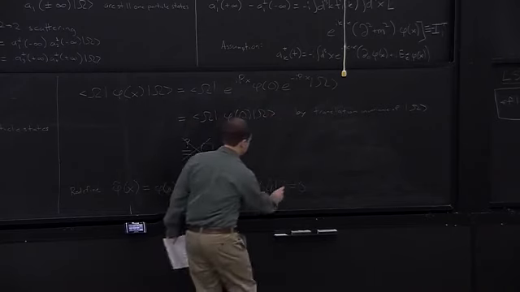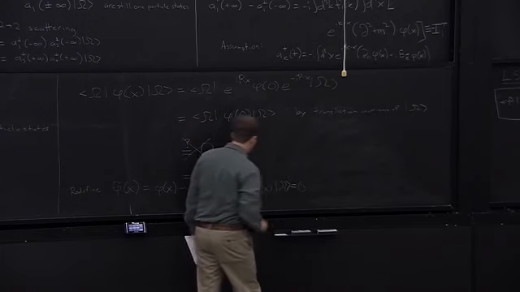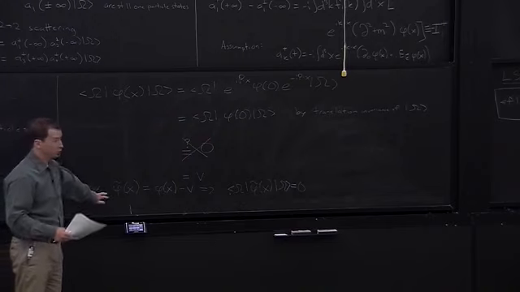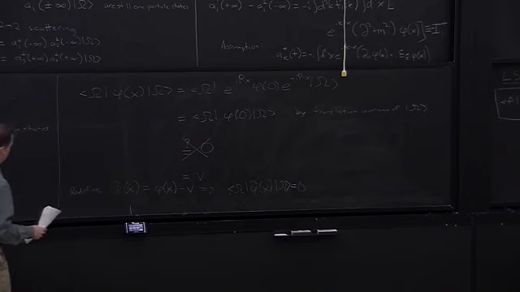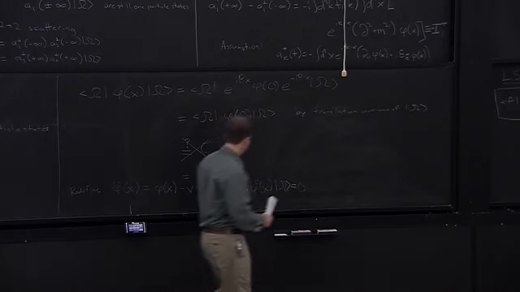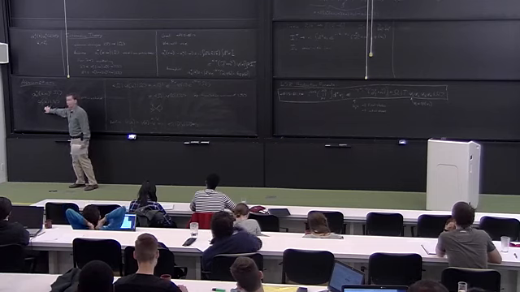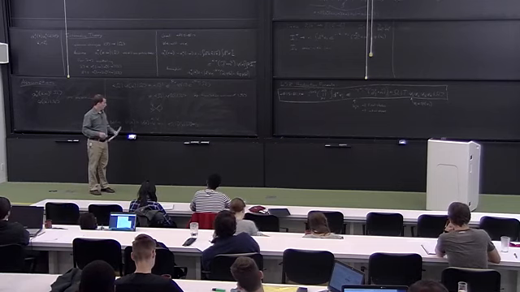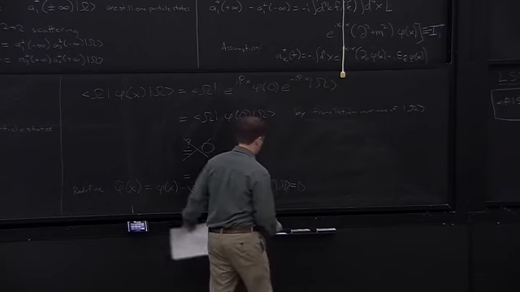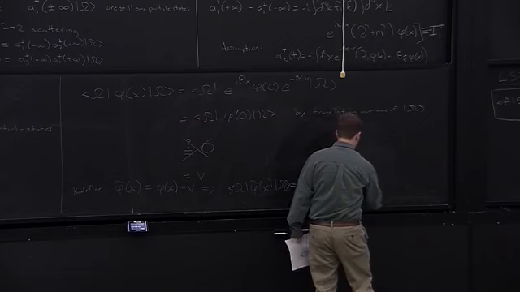And so in order to use the LSZ reduction formula, we're going to have to shift our field so that we can put this interpretation on this state. And I'm going to drop, for notational simplicity, the tilde in what follows.